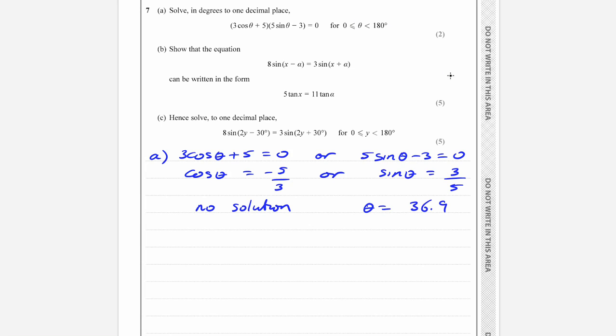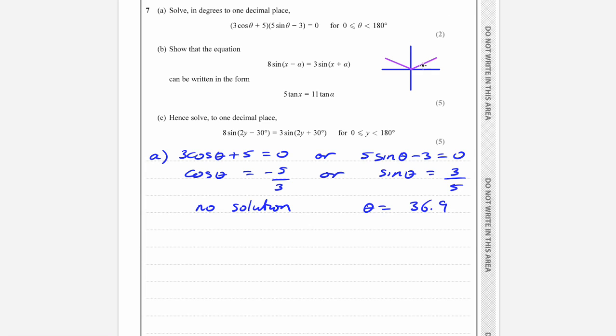So remember, there's another solution. If we draw our unit circle diagram, guys, there is an angle here. That's your 36.9. But there's also one here.